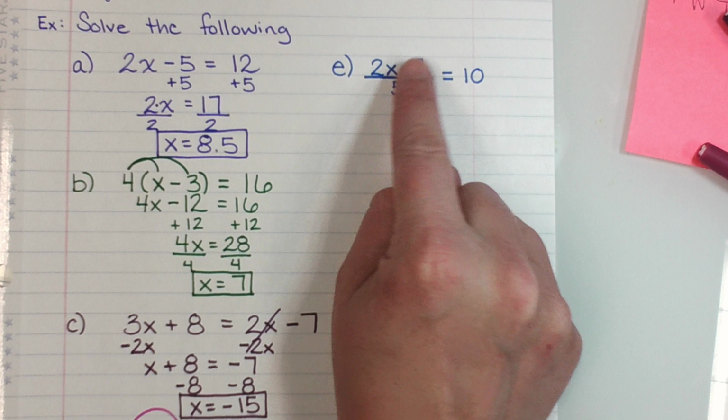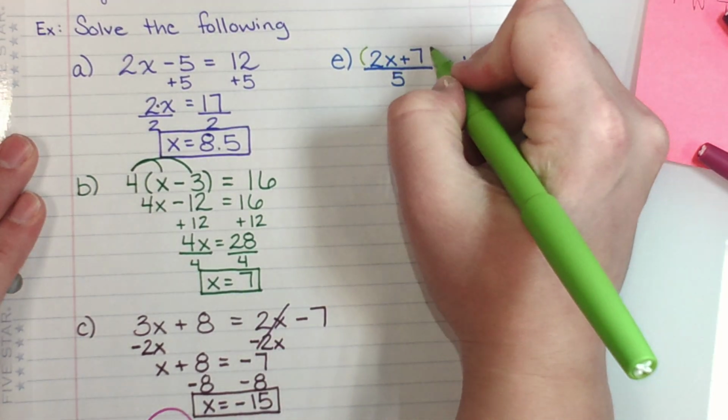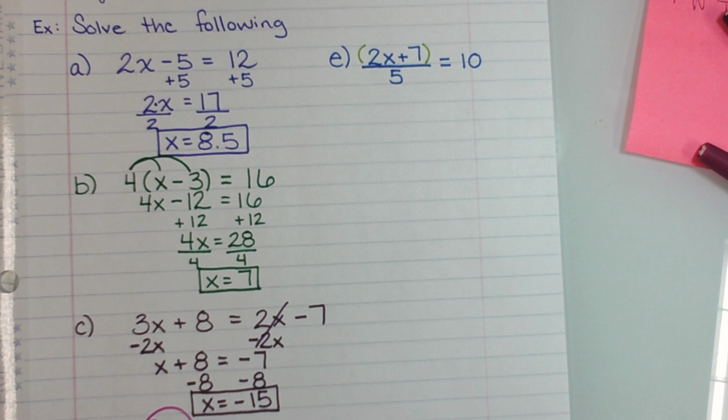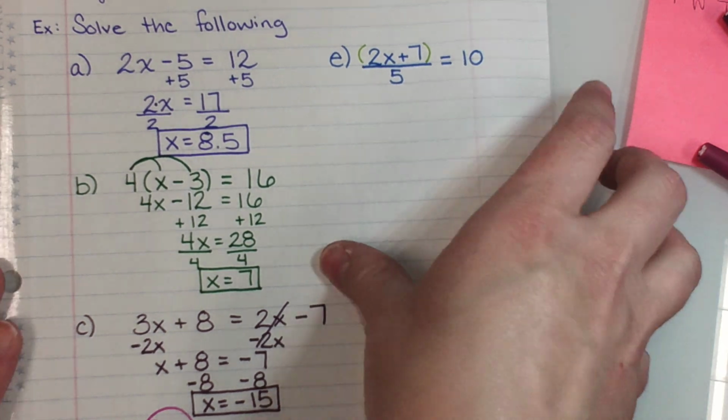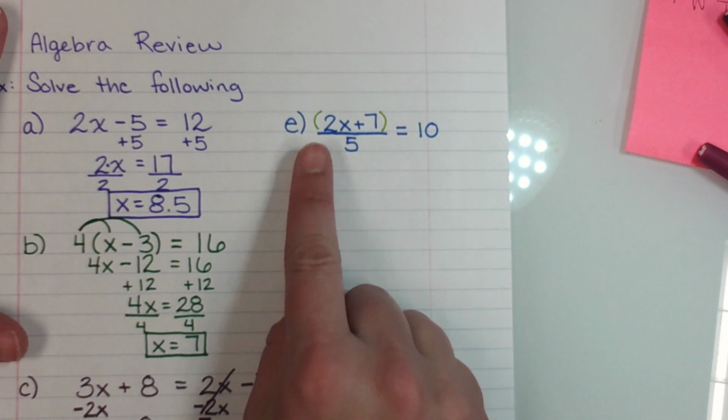There's a plus sign going up here, which means there's parentheses holding the 2x plus 7 together. That is important because that means I cannot touch the 2x plus 7 until the parentheses disappear. If there's numbers in front of things, we distribute, but that's not what's happening here.